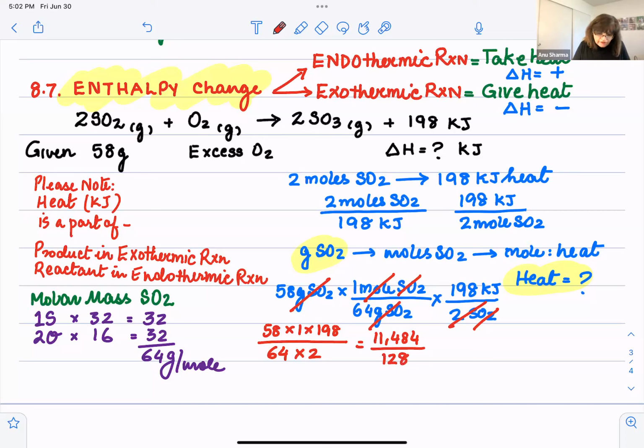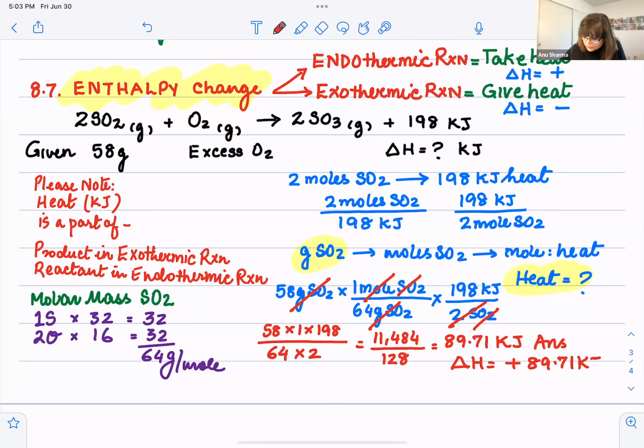You get 89.71 kilojoules of heat, and that is the answer. And this is the value of delta H, equal to positive 89.71 kilojoules. So that is the answer.